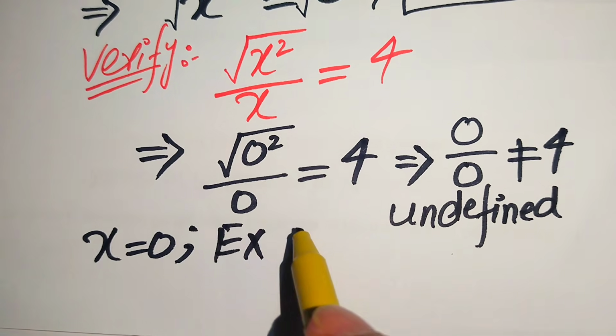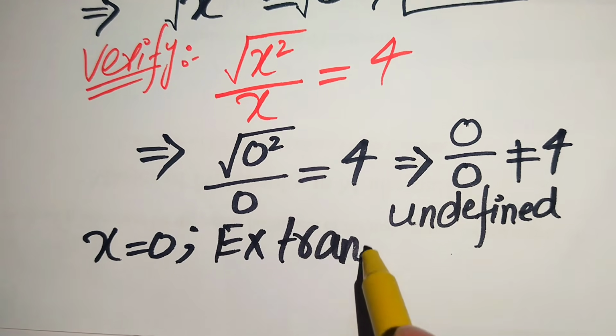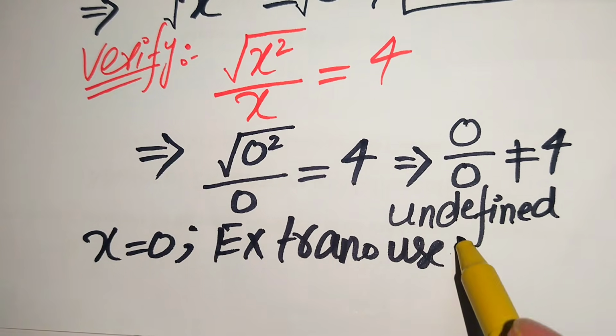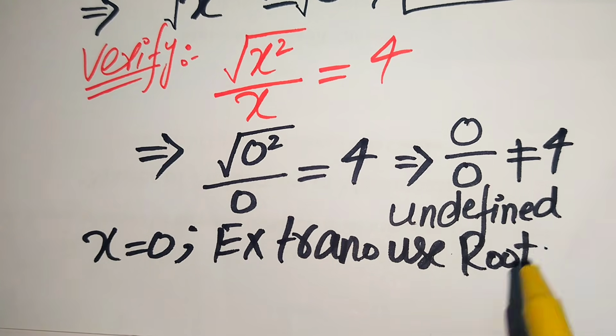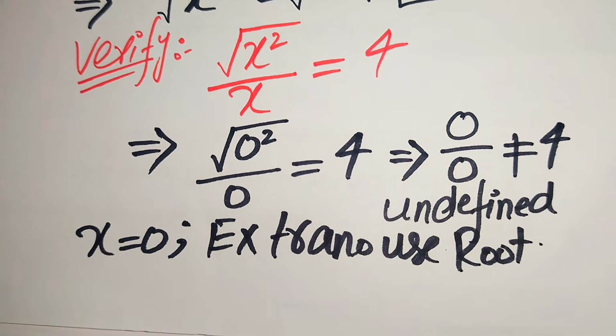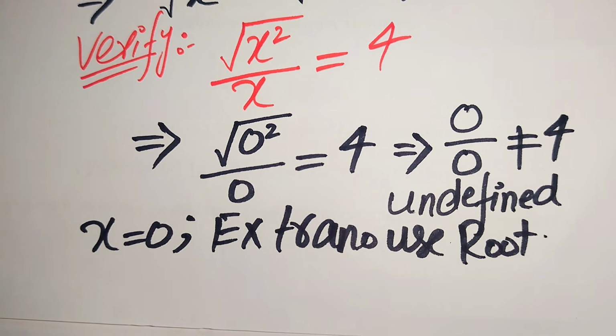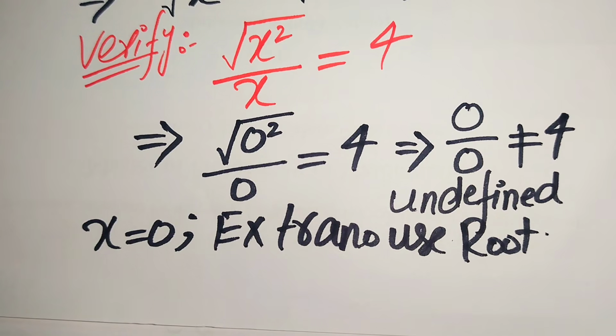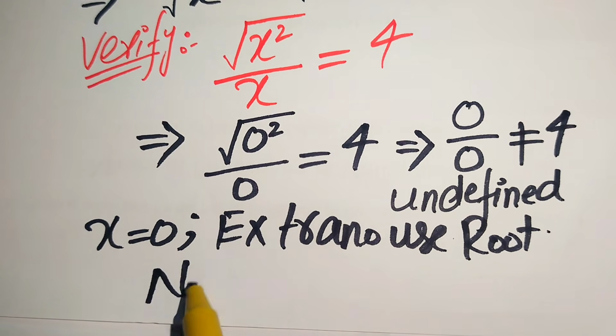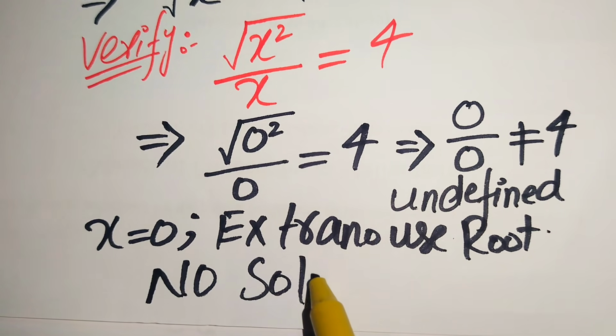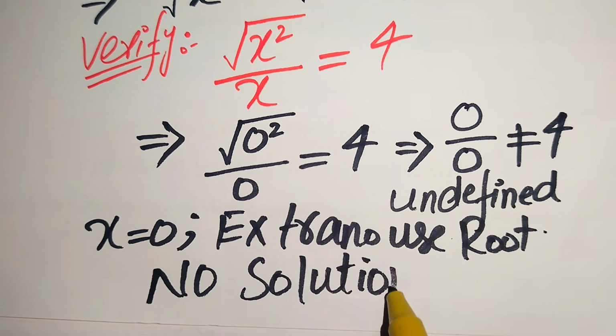So we call x equal to 0 an extraneous root of the given equation. This is the extraneous root because it does not satisfy our given question statement. And further you see here, we cannot get any other value of x which satisfies our given question statement. So we finally conclude that this question has no solution.